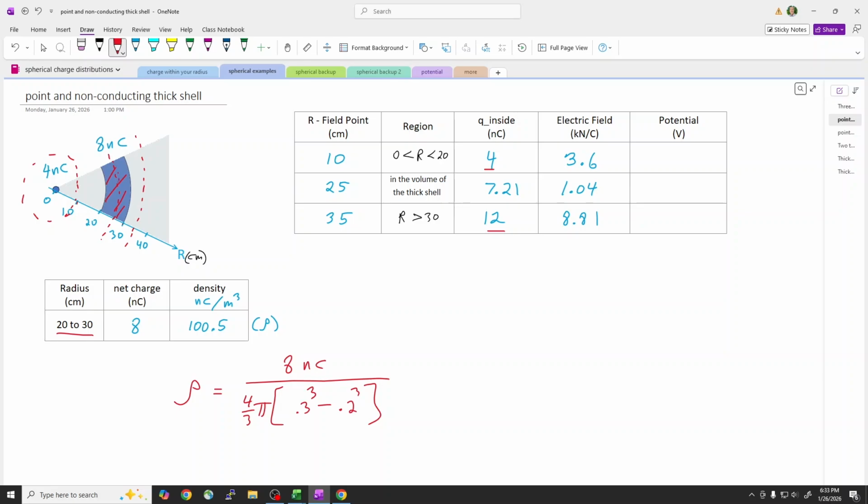But in the region halfway in this thick shell, what would be inside our radius is the 4 nanocoulombs at the origin plus an amount of charge equal to the density that we calculated times a volume, 4/3 pi, but now it's not the entire volume from 20 to 30 centimeters, it's only the volume from 20 to 25. So I would have 0.25 cubed minus 0.2 cubed.